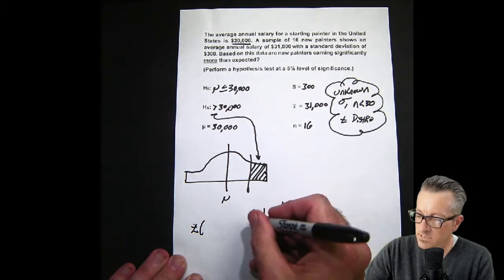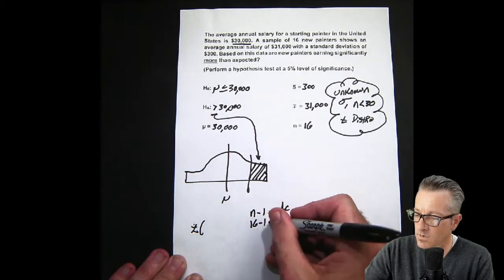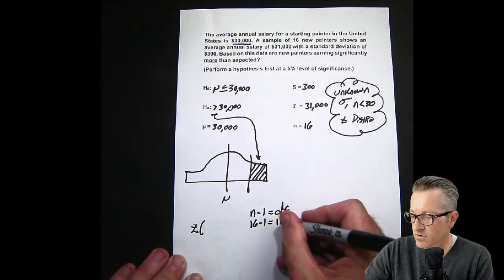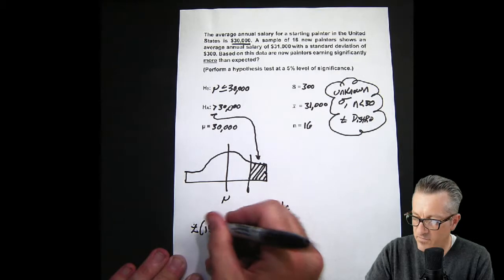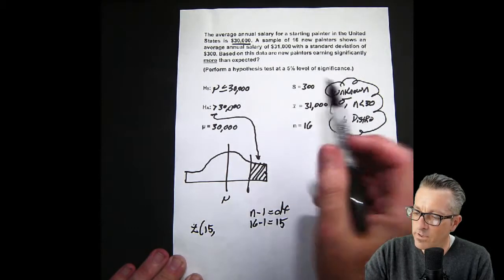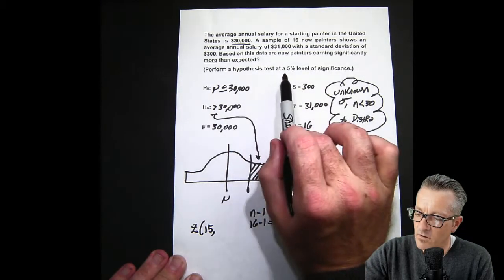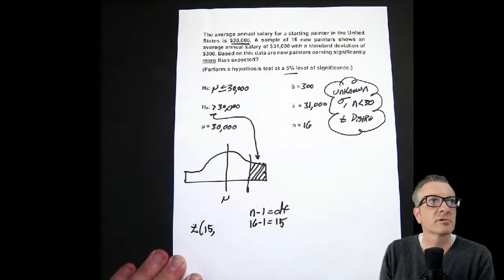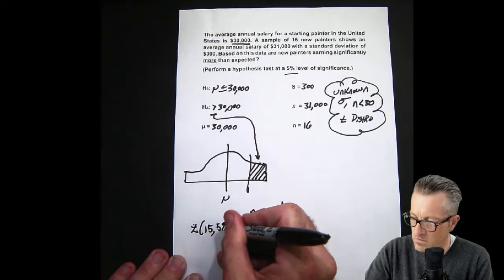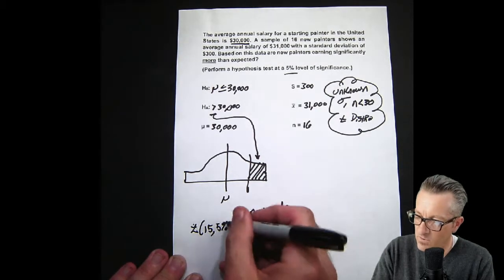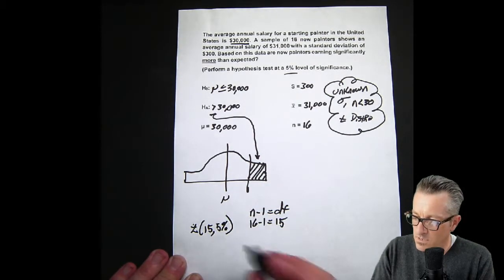What that means is 16 minus 1 equals 15 for our degrees of freedom. And then we are performing our hypothesis test at a 5% level. You could write 0.05, that would be okay too.